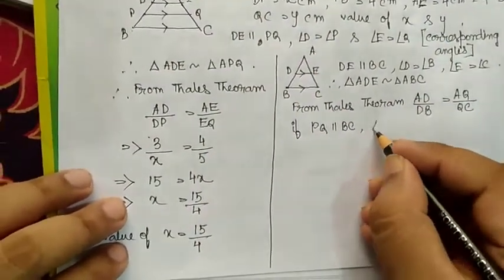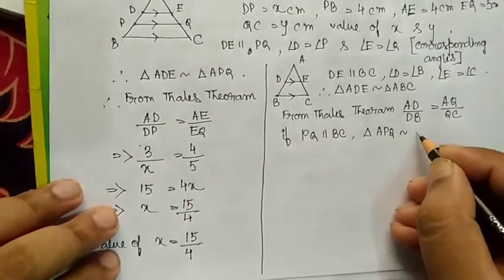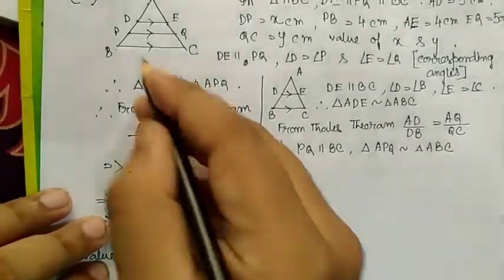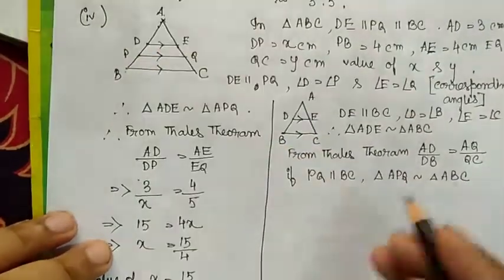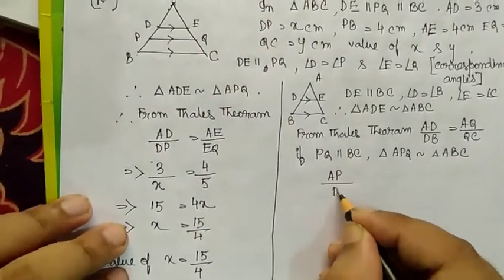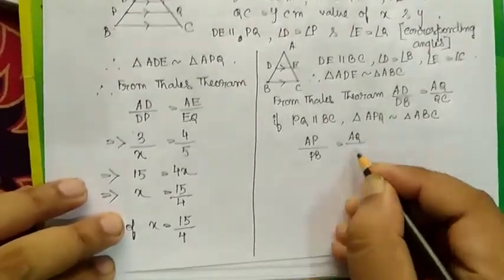We can say that triangle APQ is similar to triangle ABC, and from Thales theorem we can say that AP by PB equal to AQ by QC.